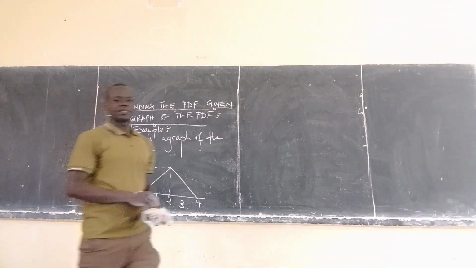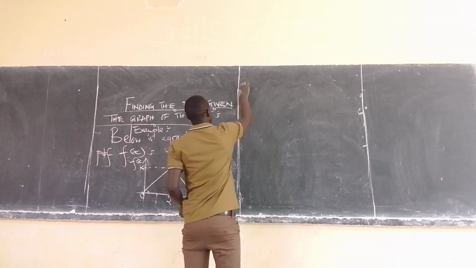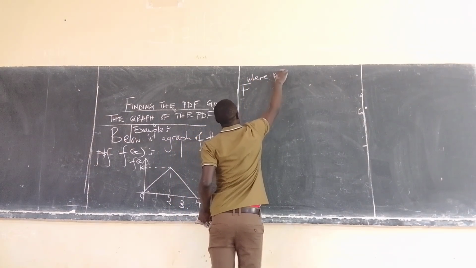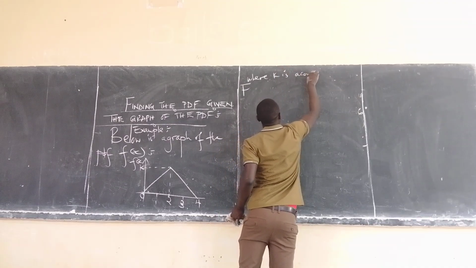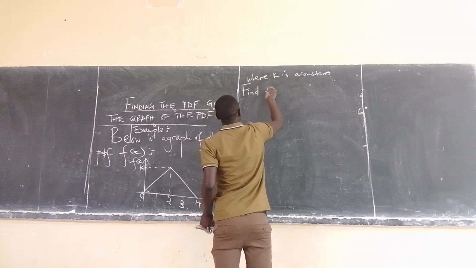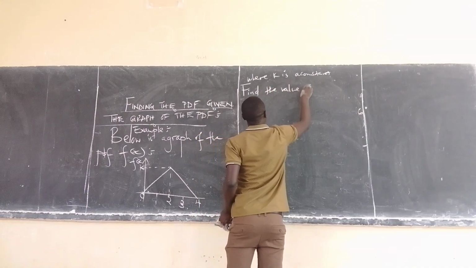So the very first step, for the very first question, where k was a constant, was to find the value of k.